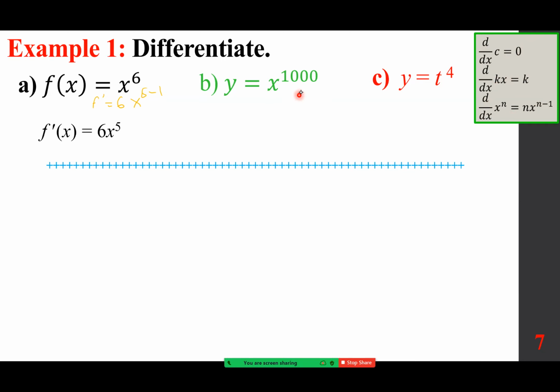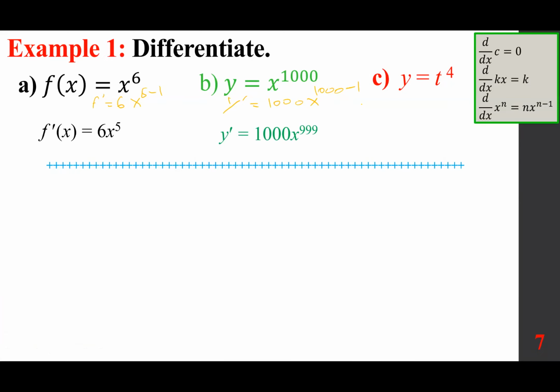So what do you think we get here for part B? 1,000 becomes the coefficient, and then the exponent goes down by 1. And we get 1,000 x to the power of 999. You don't have to write that step if you are comfortable with the concept.